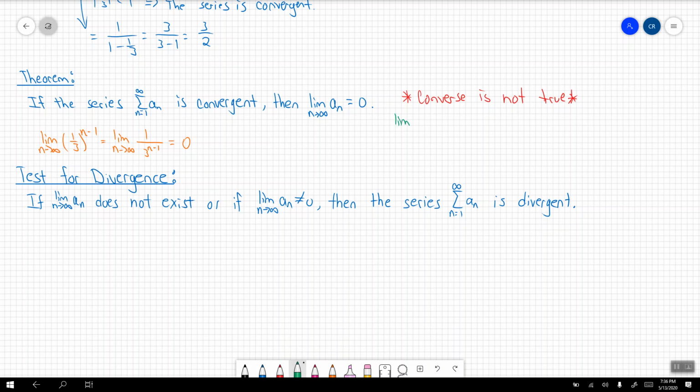Take the limit as n goes towards infinity for 1 over n. All you're going to get is 0. However, if you take its series, start the series at n equal to 1 and do this for 1 over n and send it off to infinity, this series diverges.